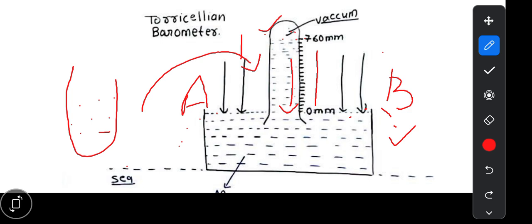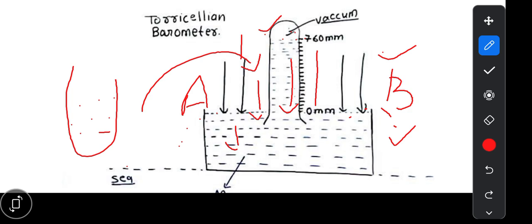If we simplify it, we can say that if the air pressure is greater at this point, then that side will come down. And if the pressure is higher at this point, that side will also come down.